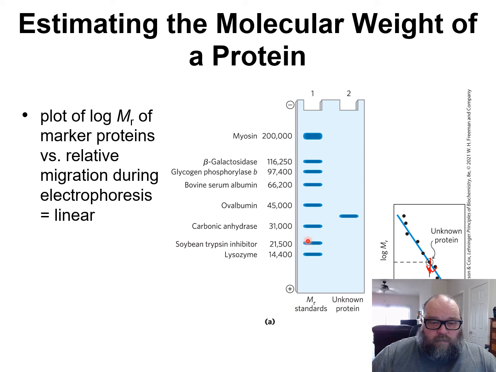Because look, from here to here, that's 7,000. Just a little bit more distance, that's 10. About the same distance, we've now got 14. This is 20-some, 30-some, again 20-some, and then this is almost 100,000. This distance here is not 5 times here. It's a logarithmic scale. So you have to do this graphing.